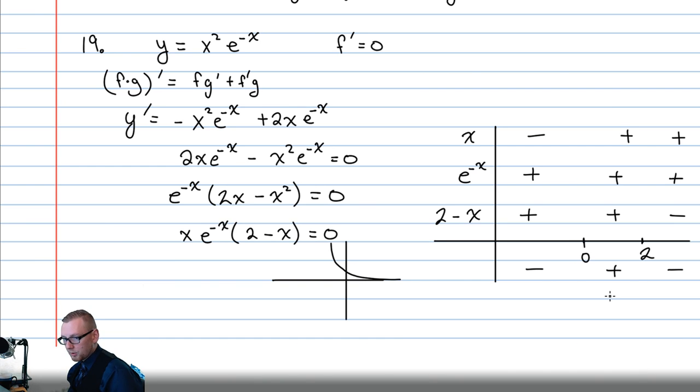So it's increasing from 0 to 2. That's how I would do it.